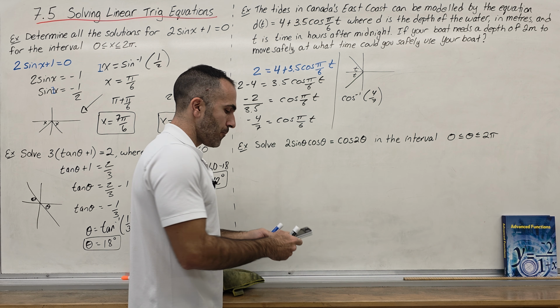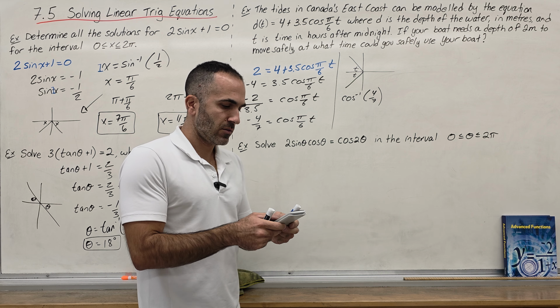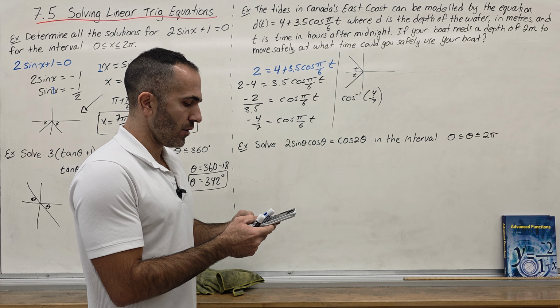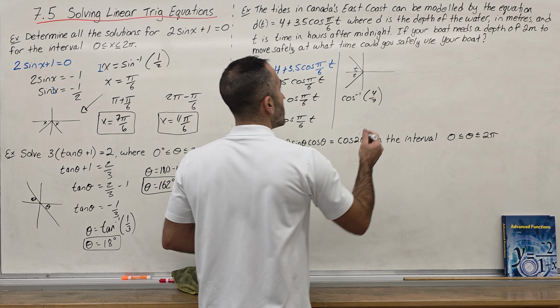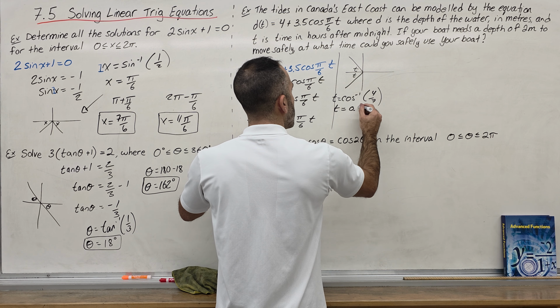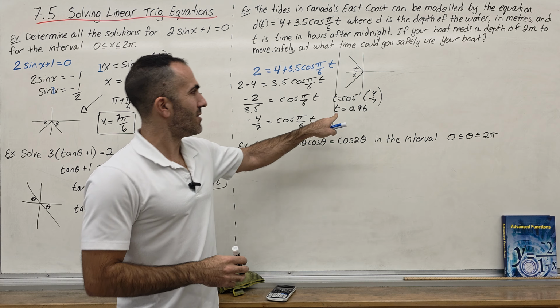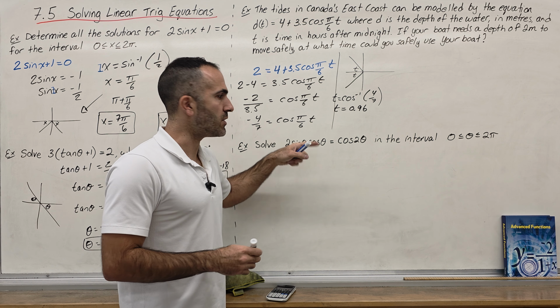Get my calculator. Radian mode now, so I've got to change my angle units to radian. And now I'm going to go cos negative 1 of 4 over 7. And that's going to be 0.96. And this equals t. Okay, but it actually doesn't equal t, it equals pi over 6t.